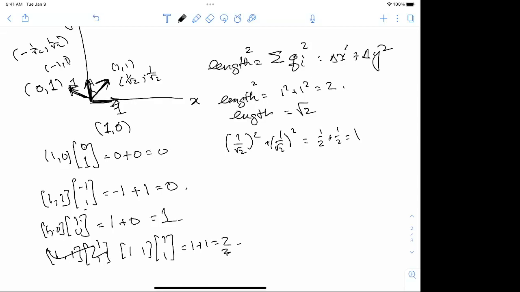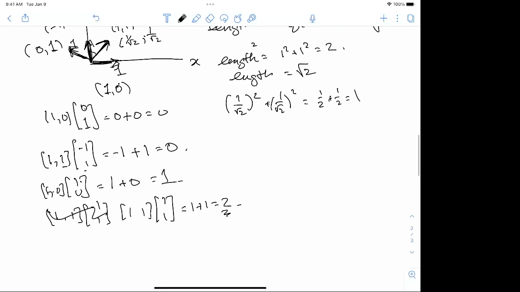This is not normalized. But if I take my 1 over root 2, 1 over root 2, and I dot that into 1 over root 2, 1 over root 2, I'm going to get 1 over root 2 times 1 over root 2, which is 1/2, plus 1 over root 2 times 1 over root 2, which is 1/2, and I get 1. Our definition of normal is that the dot product gives us 1. Our definition of orthogonal is that the dot product gives us 0.